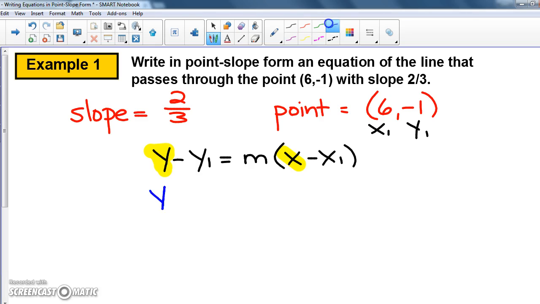So y stays the same. My y1, if I look over here, is negative 1. Now notice there's already a minus sign here, so it's y minus negative 1. See, all I did was I changed the y1 to negative 1, equals m is the slope, 2/3, parentheses, x stays the same, and then my x1, if I look over here, it says 6.